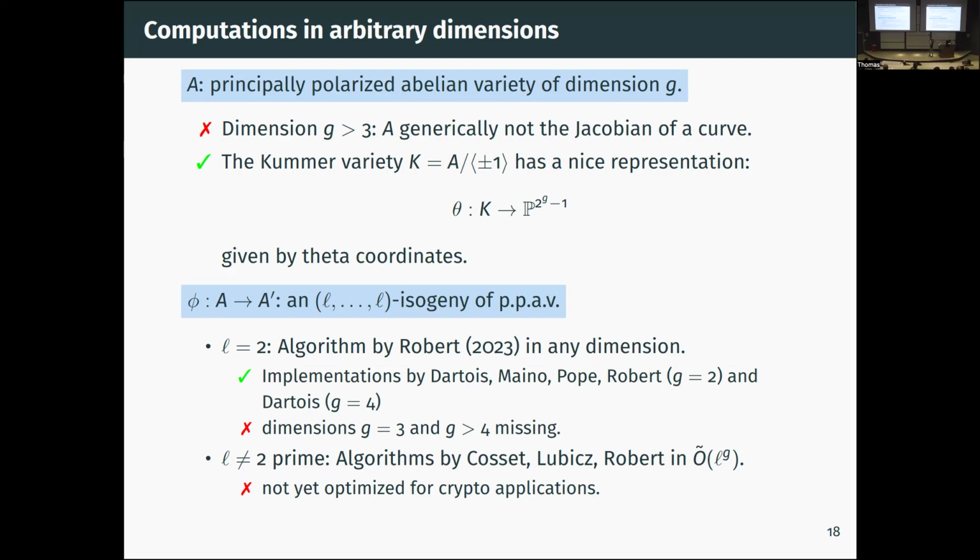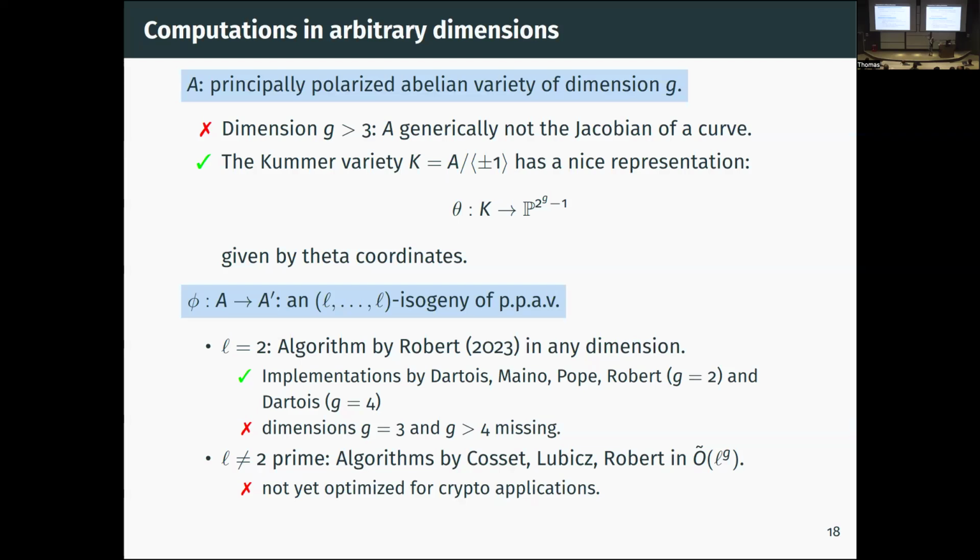Yeah, so one thing is that the implementations are not optimized for cryptography yet, and also that there are still some open problems in the theory behind those graphs that we don't know how to solve yet. And something else is, I said in the beginning that those representations that we have by theta coordinates are very convenient.